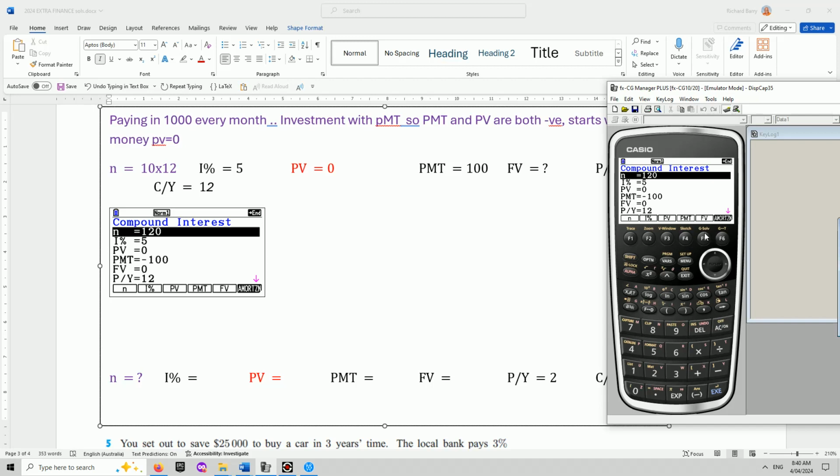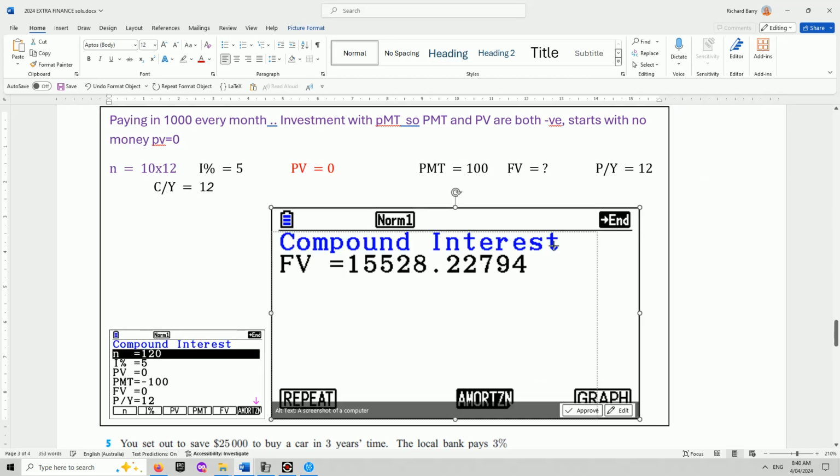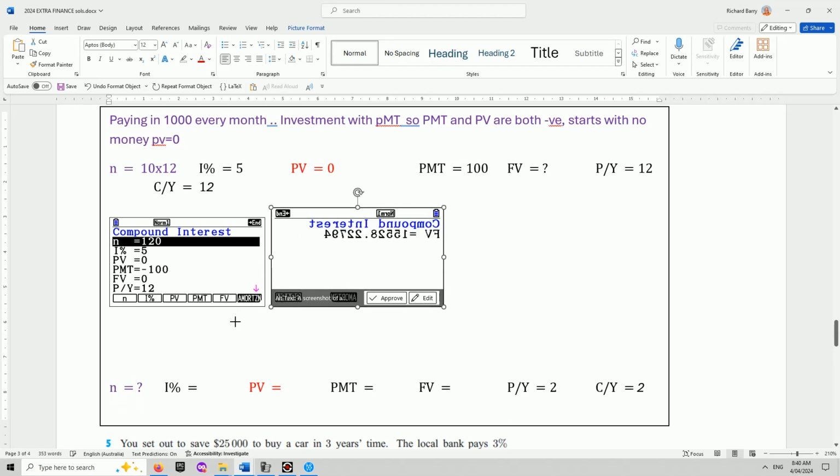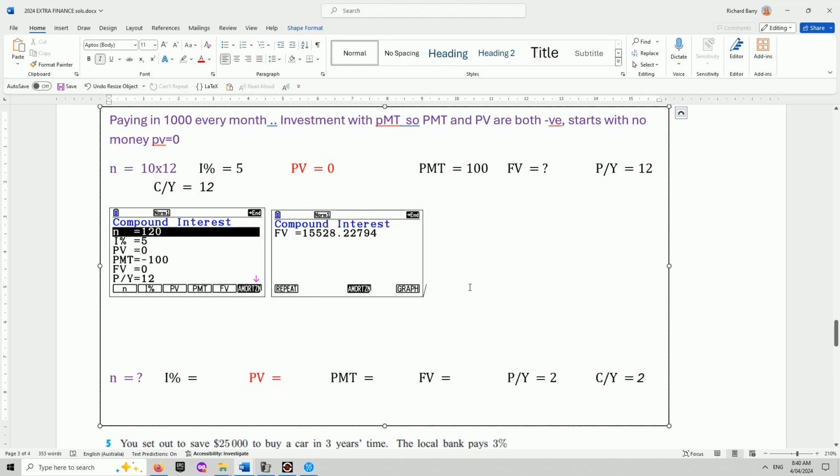And we're looking for future value. So the result is $15,500.